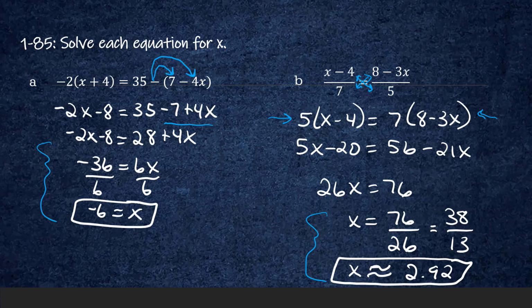But also to get from here to here, you can go on a Texas Instruments calculator and type math, and then you type fraction, which is, I believe, 1. Then you hit enter, and it reduces the fraction for you from 76 over 26 to 38 over 13. And that's it for 1-85. Let's move on.